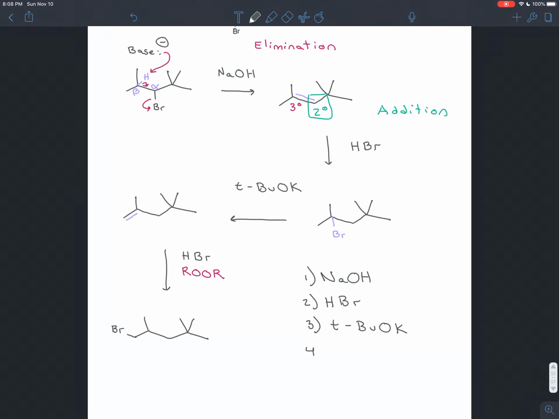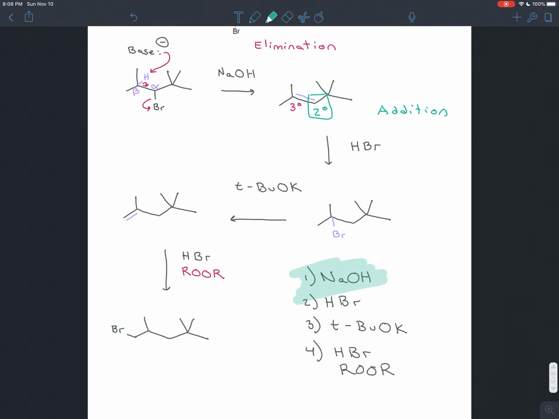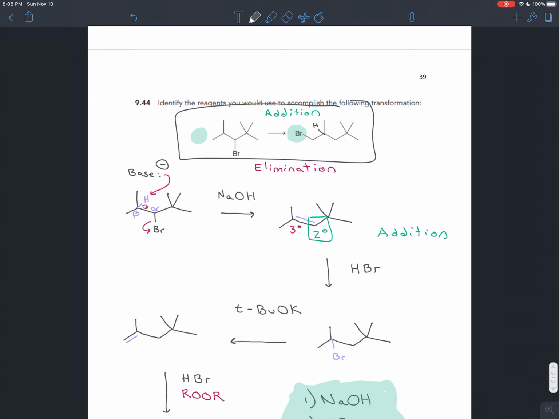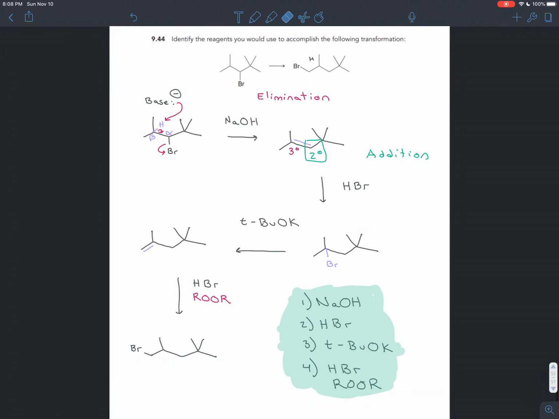And finally, in a fourth step, you would add HBr yet again, but you want to add it anti-Markovnikov, so you do it in the presence of peroxides. And that altogether would be the recipe for that synthesis, for that transformation. If someone followed that recipe, they would make this transformation happen. So those are the reagents that you would use to accomplish that transformation in exercise 944.